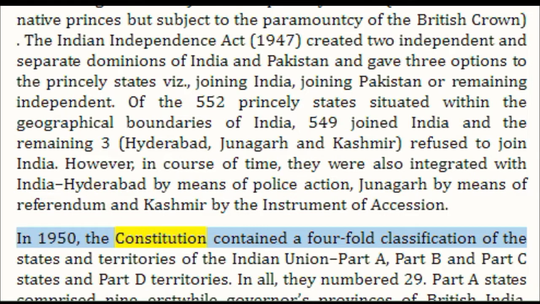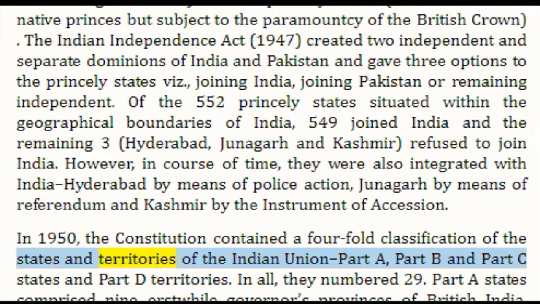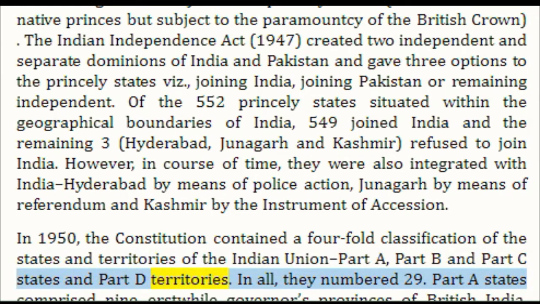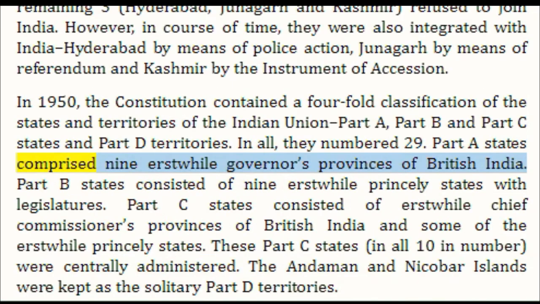In 1950, the Constitution contained a fourfold classification of the states and territories of the Indian Union, Part A, Part B and Part C states and Part D territories. In all, they numbered 29. Part A states comprised 9 erstwhile governors' provinces of British India.